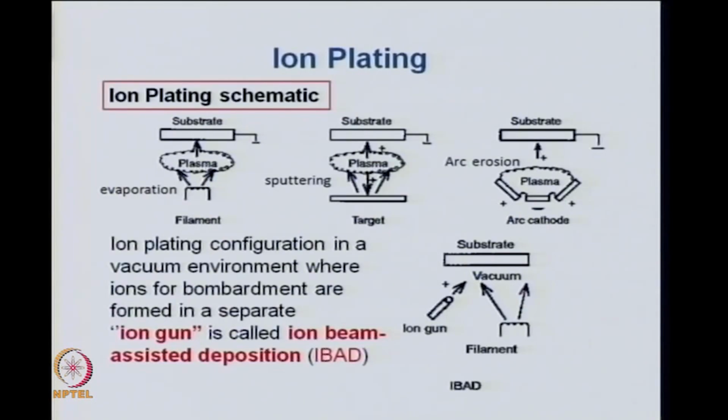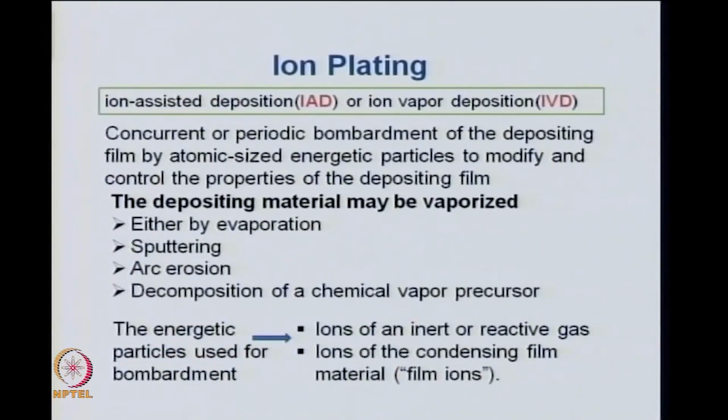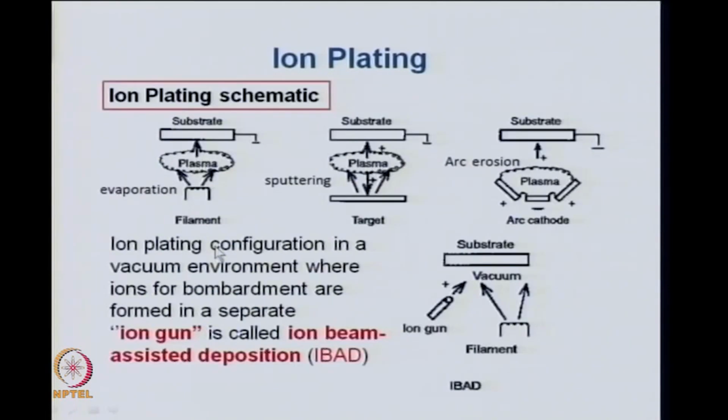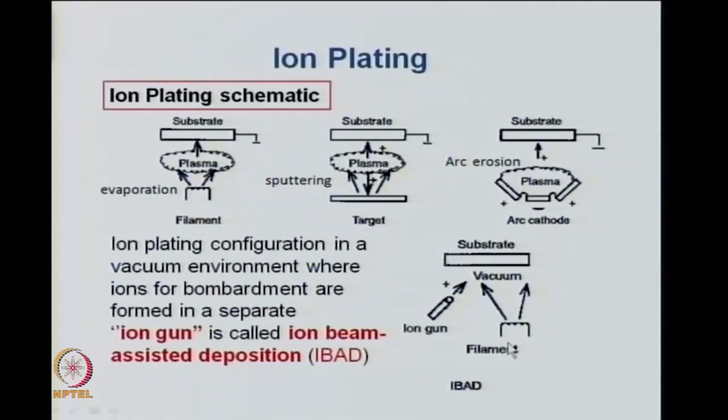So, in this ion plating, one of these techniques has to be used along with the ion gun which is generating ions and assisting the deposition of the film, with the ions being generated by either thermal evaporation or through an arc cathode or anode or a sputtering technique.